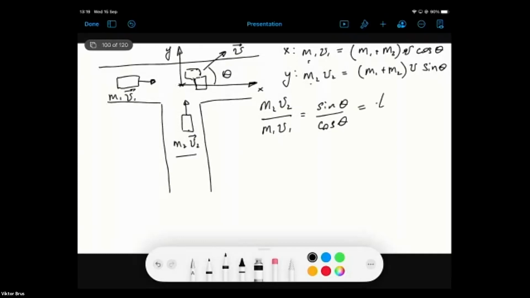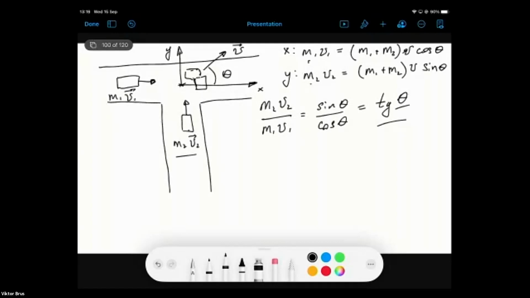So that is tangent theta. So the ratio between the initial linear momentum amplitudes of the first and the second car defines the angle theta at which they will move after collision.